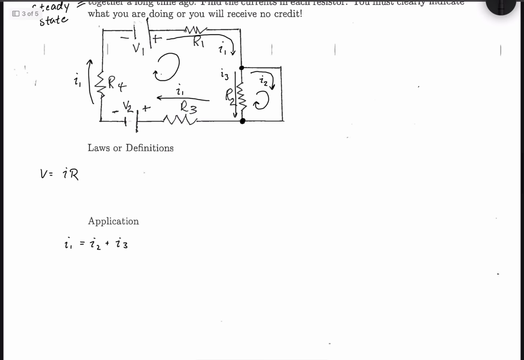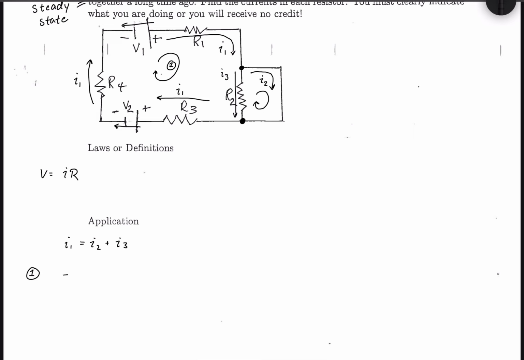So loop one is going to be, remember, let's draw our electric field lines here. Also, I feel like it may not be electric field lines, but just the direction the electrons are going.